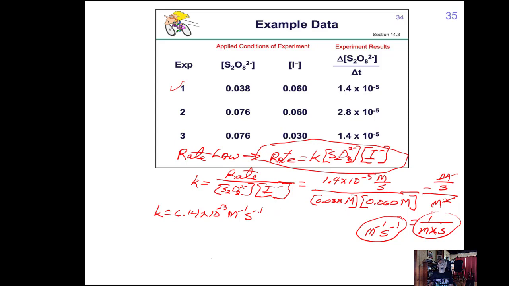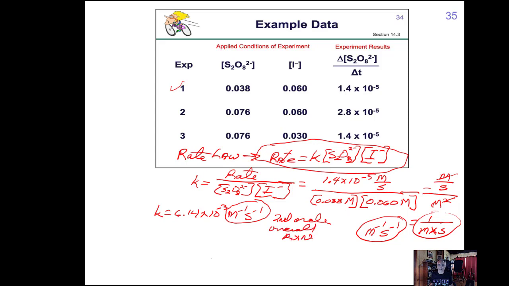Now, I want you to notice something. The overall order of this reaction is 1 plus 1, first order in peroxydisulfate, first order in iodide, and so you just add those up. So these are going to be the rate constant units, given that we are dealing in seconds and molarity per second, for any second order overall reaction.